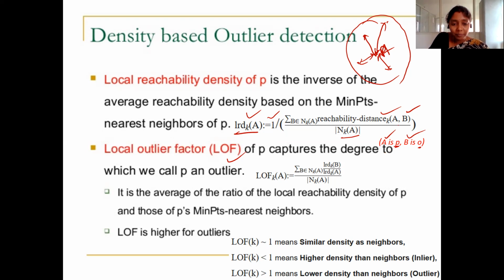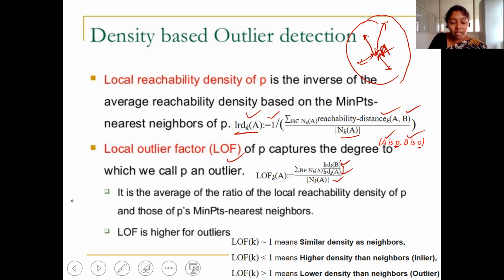So it is the average of the ratio. What is the ratio here? Ratio of the local reachability density of P with the local reachability density of every object. So that will give the local outlier factor.